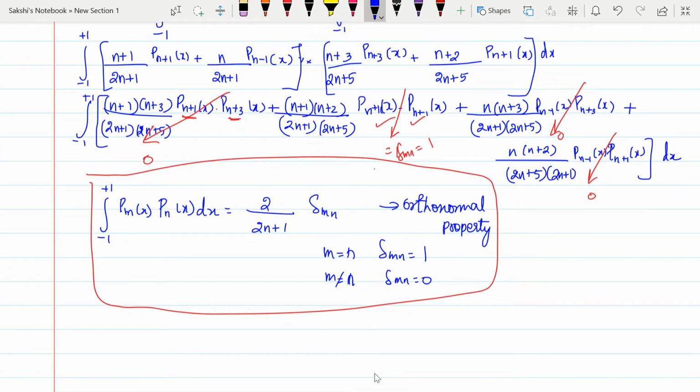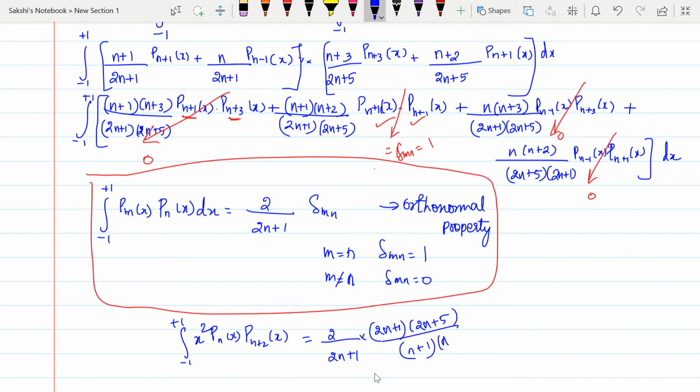So now I can write that the integral from minus 1 to plus 1 of x square Pn of x, Pn plus 2 of x will have some value which will be equal to 2 by 2n plus 1, into 2n plus 5 divided by n plus 1 into n plus 2.